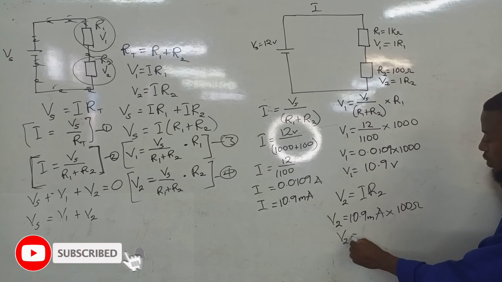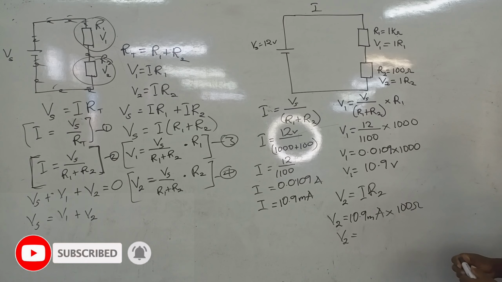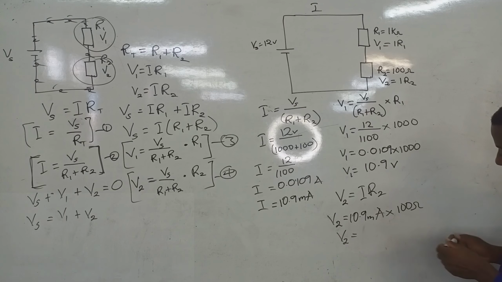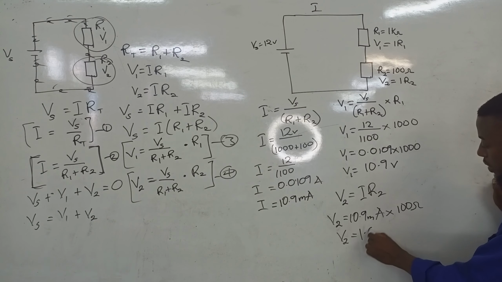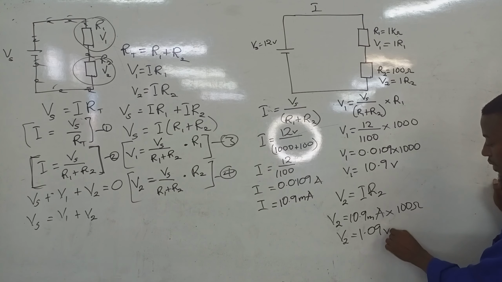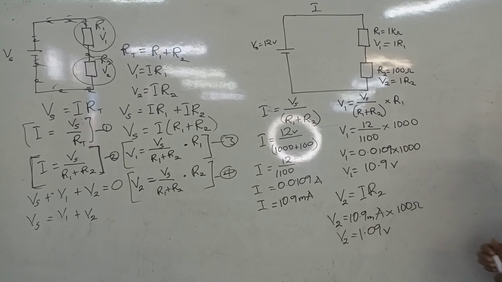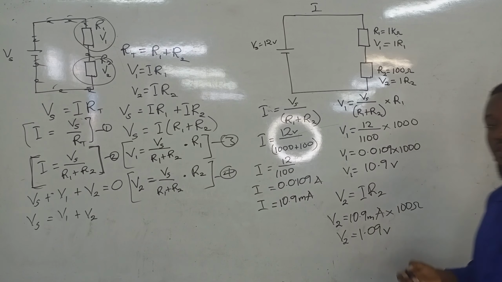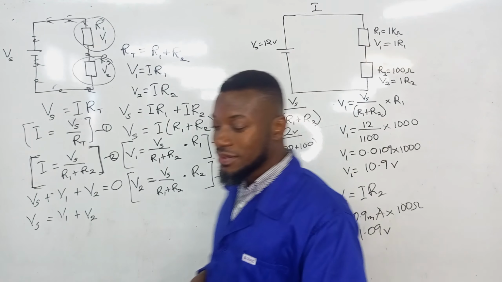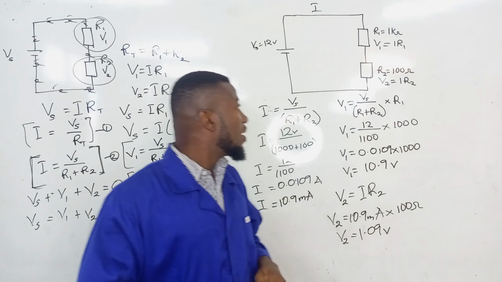What will be our V2? Our V2 is going to be something like 1.09 volts. Now let's do a little analysis here.